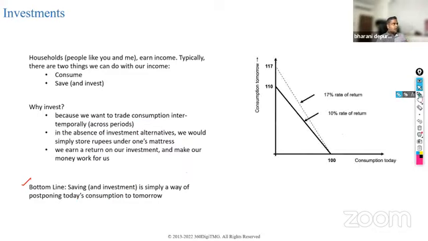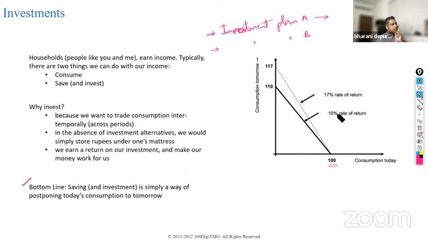Suppose you invested $100, and suppose there are two investment opportunities, investment plan A and investment plan B. If you invest in plan A, you would get $110 per annum.